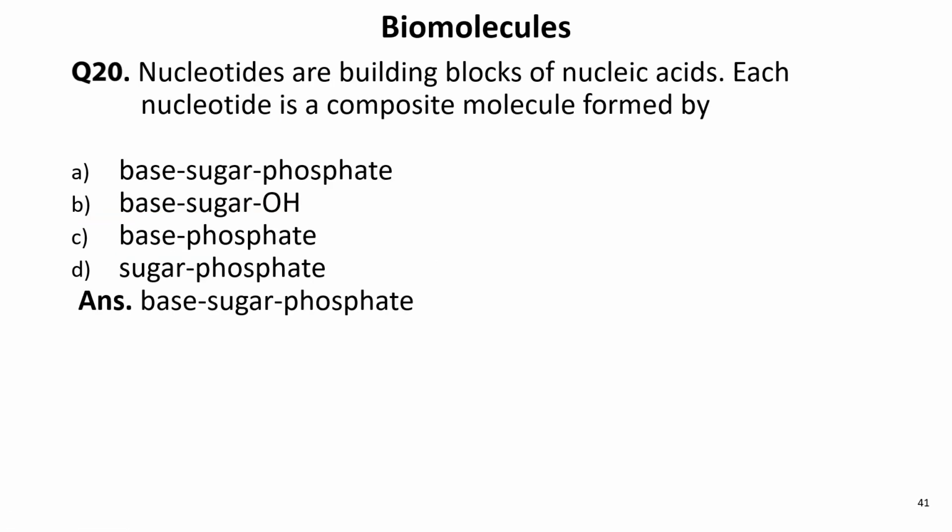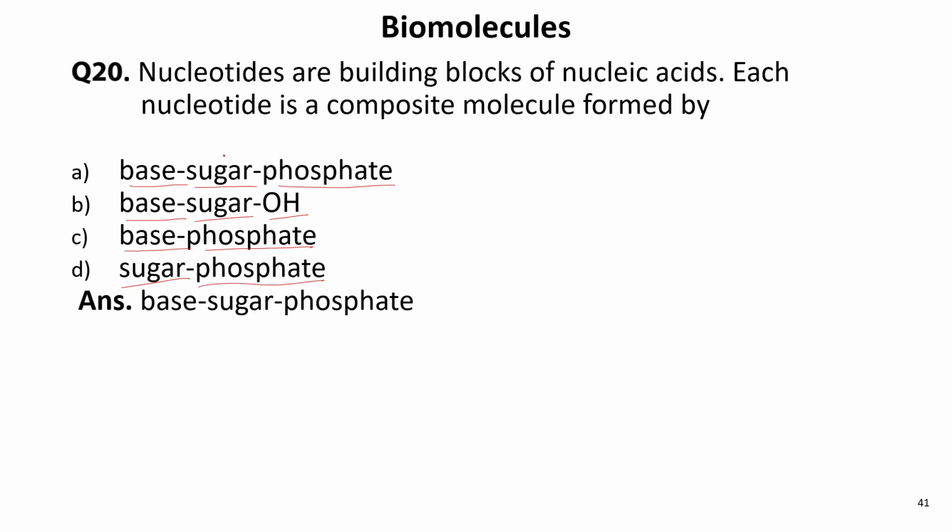Next question. Nucleotides are the building blocks of nucleic acid. Each nucleotide is a composite molecule formed by, first option, base, sugar and phosphate; second option, base, sugar and hydroxyl group; third option, base and phosphate; and the last option, sugar and phosphate.